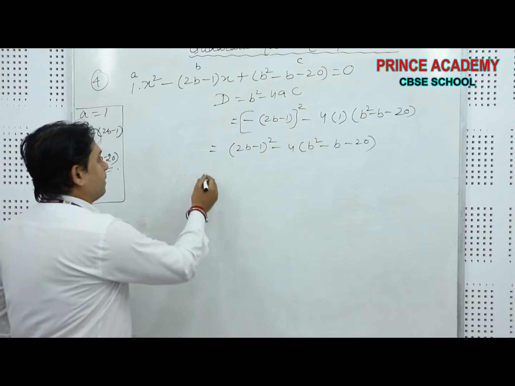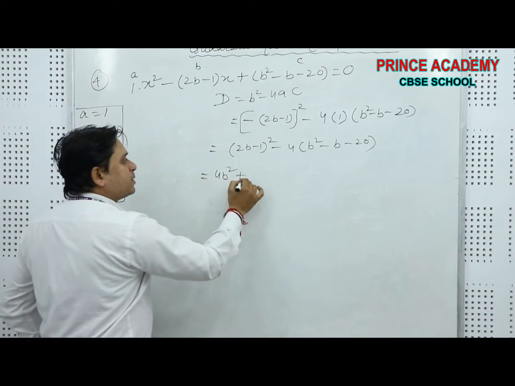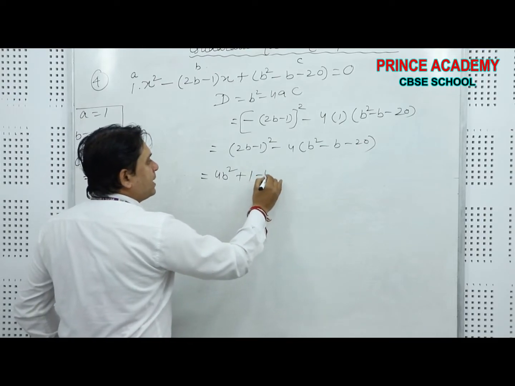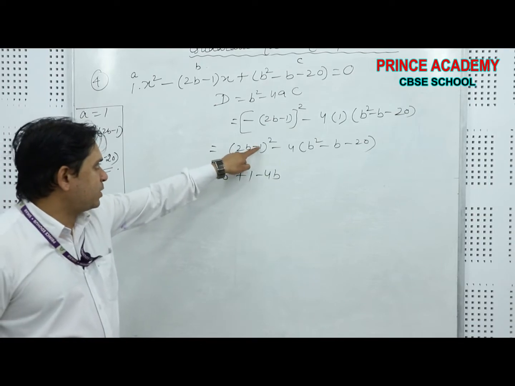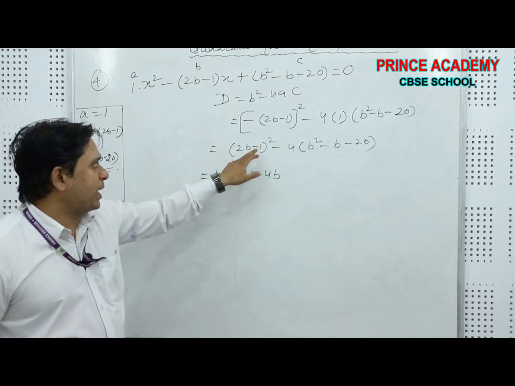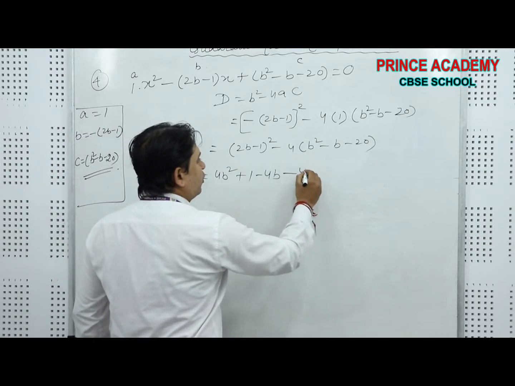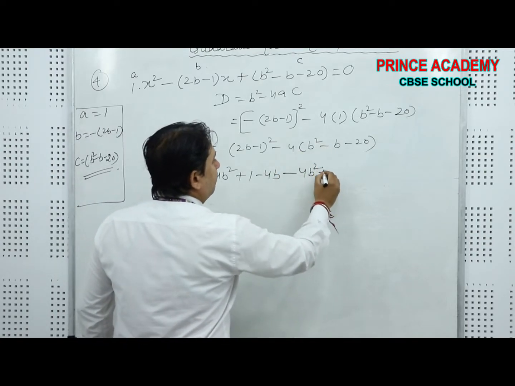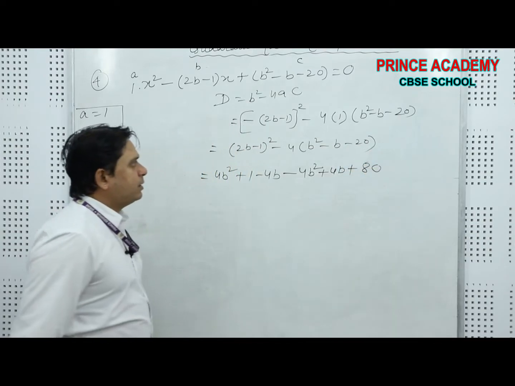Okay, now see, a minus b whole square, a square plus b square minus 2ab. Okay, a square plus b square minus 2 into 2b into 1 minus 4b. Okay, done. Minus 4b square plus 4b plus 80. Am I right? Done beta.